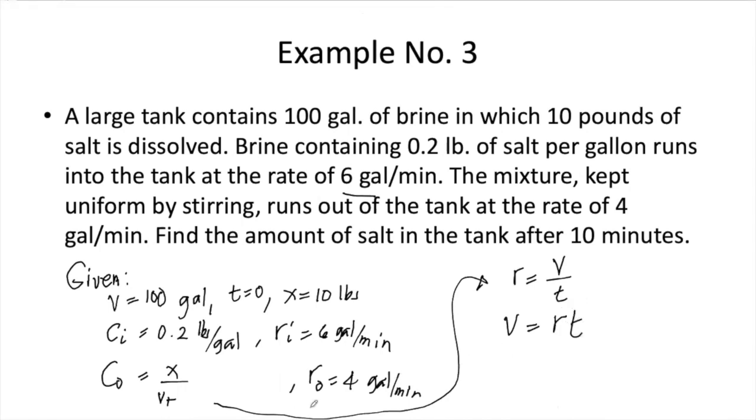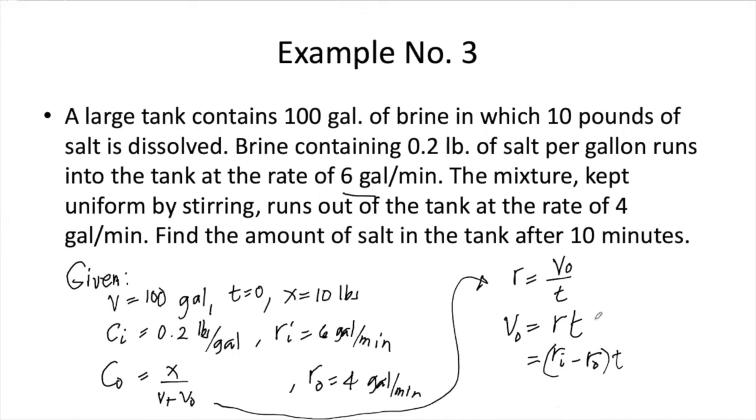For the volume we subtract here, let's represent it as V sub O, so you won't be confused. Plus V sub O. V sub O is R sub I minus R sub O, entering minus leaving, times T.